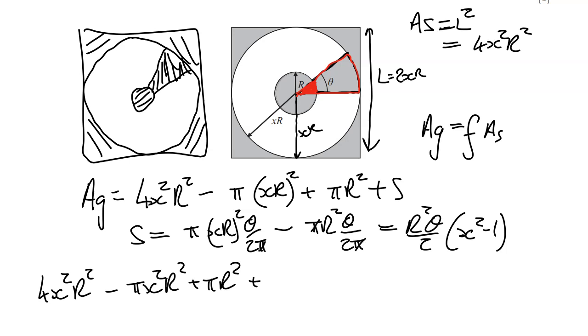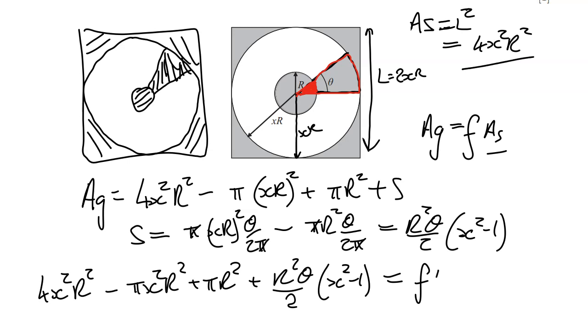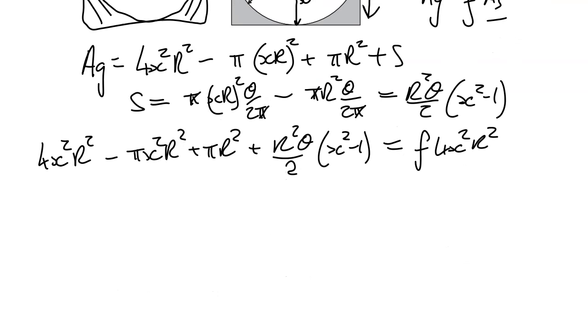So these pi's cancel. And that's the area of the grey, and that equals, we're told, f times the area of the square, which is 4x squared r squared. Okay, so all of these r squared terms cancel, which is nice.